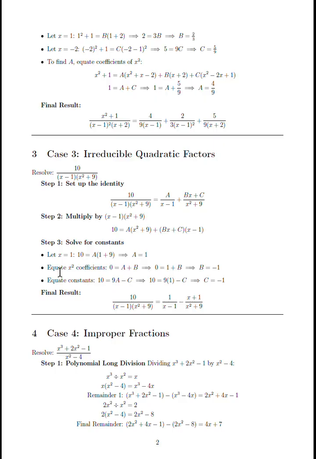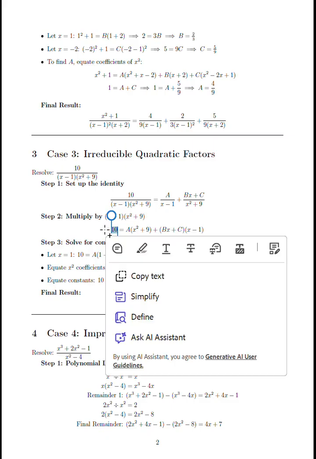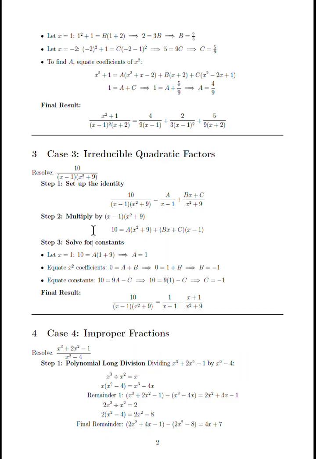If we equate coefficients like we did in the previous example, equating coefficients for x squared, you see that on our left hand side there is no x squared term, so it implies that our coefficient for x squared on the left hand side is 0.